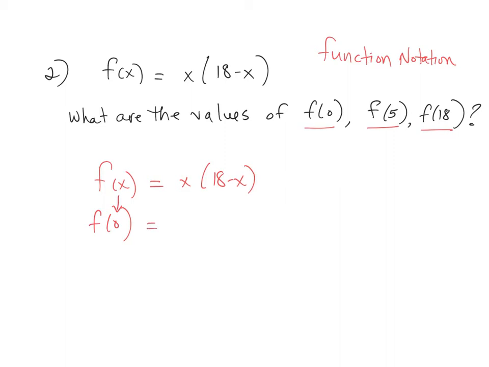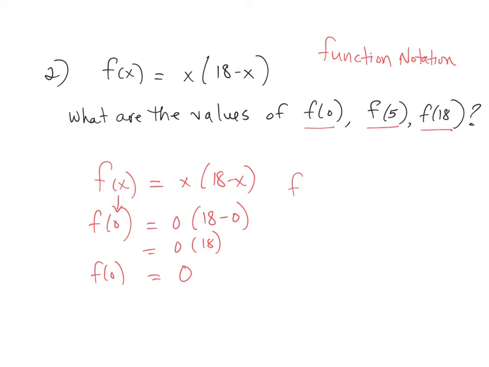Anytime I see an x, I'm going to put a 0. And then we're just going to simplify. So this is obviously 0 times 18, and anything times 0 is going to give me 0. So f of 0 is 0. Again, we're still just simplifying.